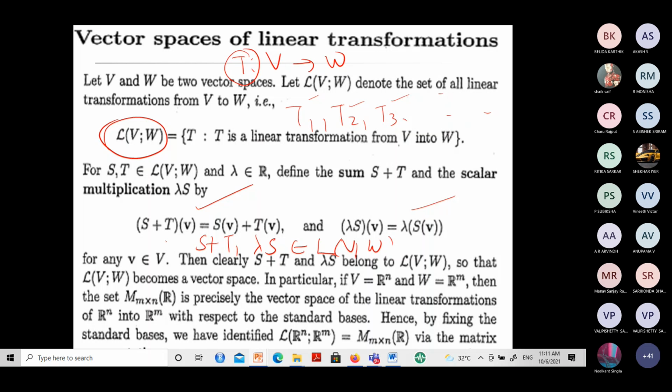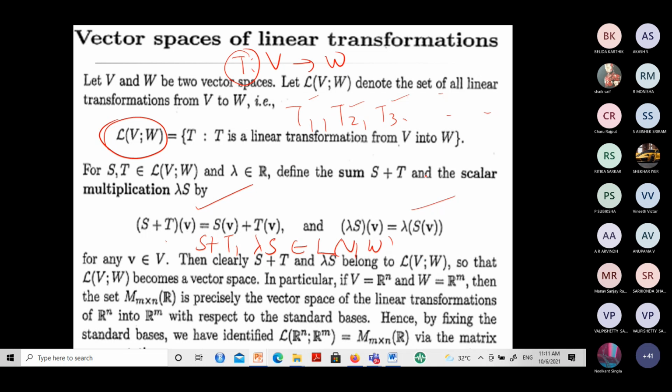It denotes the set of all linear transformations from V to W. Whenever you take S and T from L of V comma W, S plus T also belongs to L of V comma W. Whenever you take any S from L of V comma W, lambda times S also belongs to L of V comma W. So L of V comma W has both vector addition and scalar multiplication defined on it. If you check the other properties, everything will be there, and hence it forms a vector space.